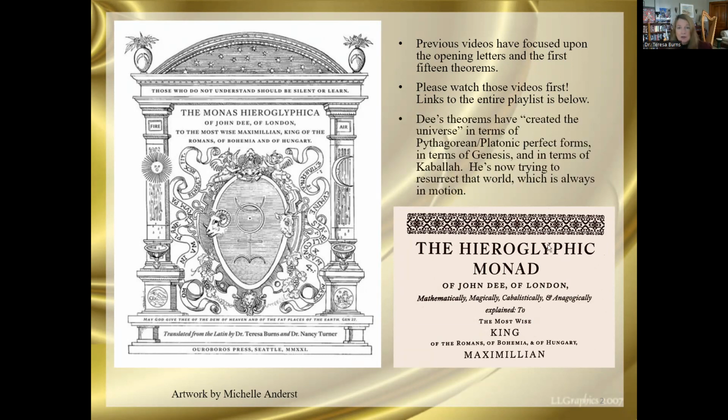So please take a look back and see how we've got here, because there's a reason that the things in this theorem and all they refer to are given as signs of the adept.